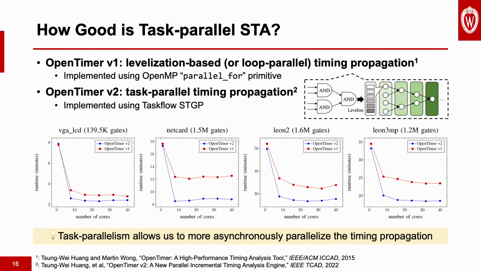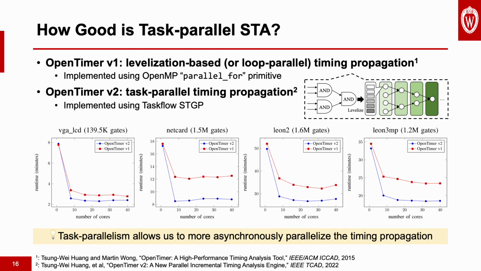We have implemented this task parallel propagation in an open source library called OpenTimer v2, while version 1 was implemented using OpenMP to carry out the widely used levelization-based or loop parallel timing propagation algorithm. We levelize the timing graph and apply loop parallel timing propagation level by level.